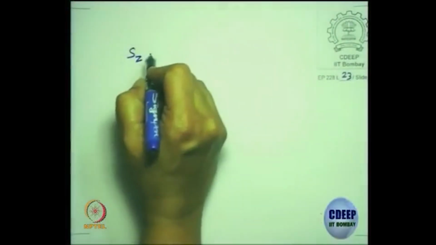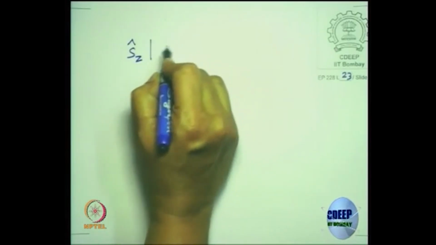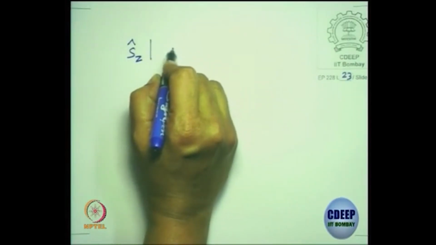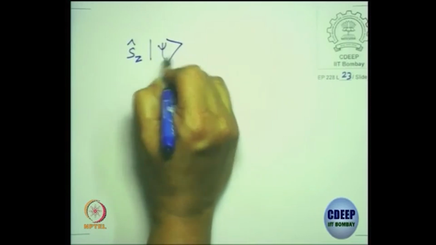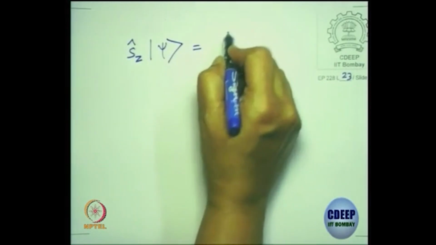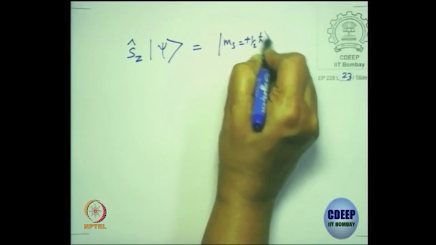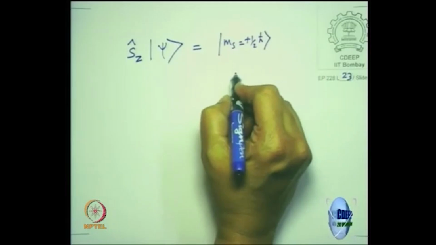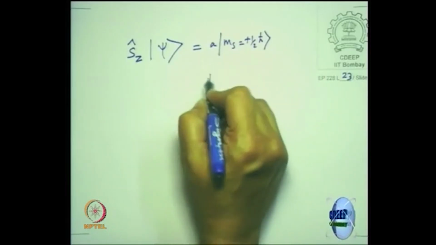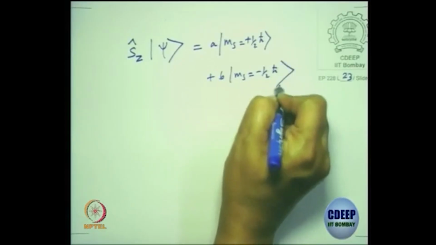The Sz operator on any arbitrary state, if you make it go through this, gave you a linear combination of Ms equal to plus half h cross plus Ms equal to minus half h cross, right?